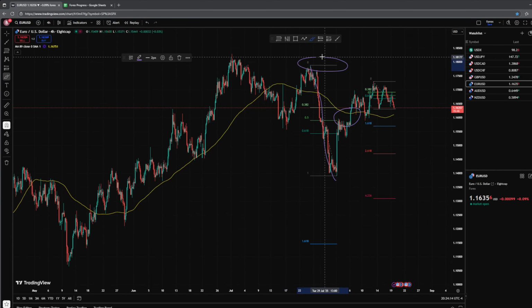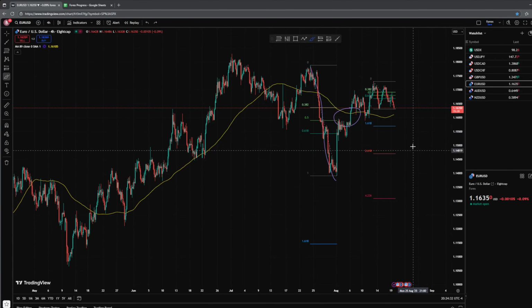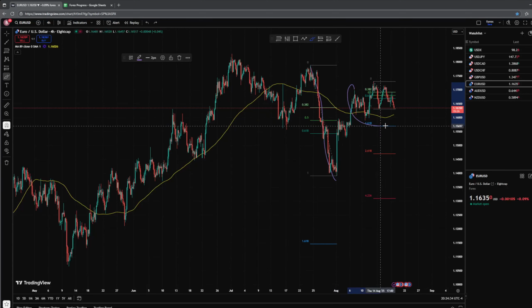I set my stop loss here. I set my take profit at Fibonacci extension 1.618 down here, and the market should sooner or later return into the original trend and hit some Fibonacci extension. And once again, notice guys, here the market is behaving very closely to the yellow moving average line.